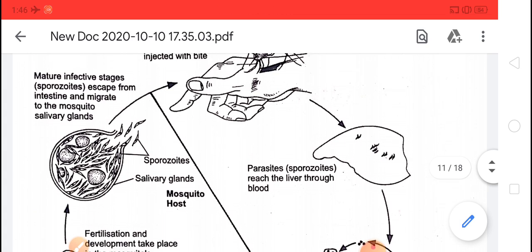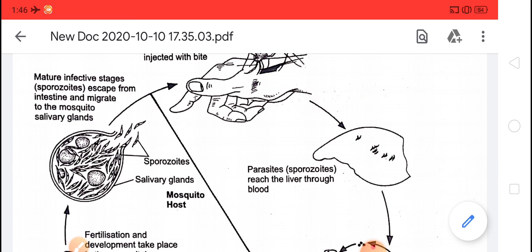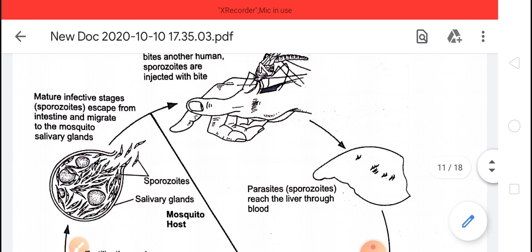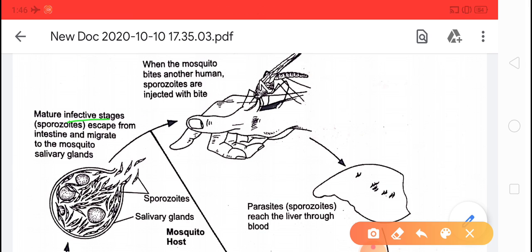sporozoites go to the salivary glands. You can see here the mature infective stage sporozoites escape from the intestine and migrate to the mosquito salivary glands. The sporozoites do not stay in the intestine; they go to the salivary glands of the mosquito.